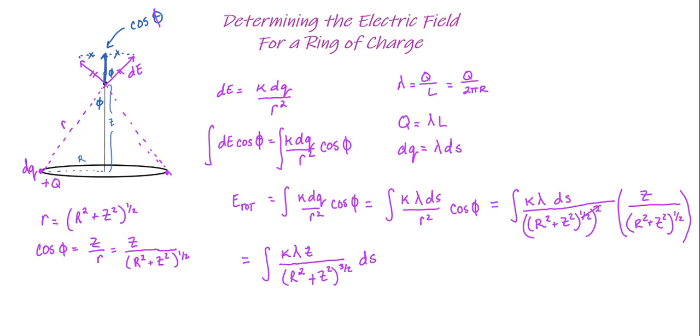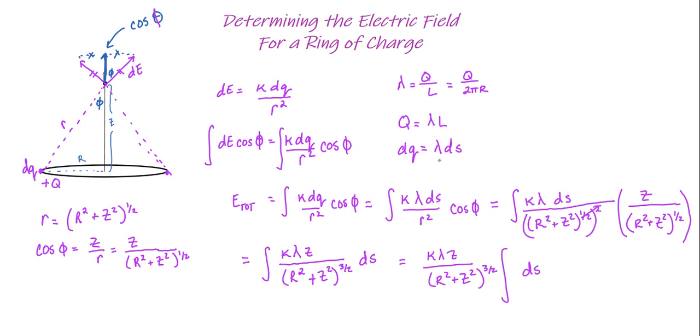Now, this looks complicated at first glance, but it's actually all constants here. K, lambda, z, r, and z are all constants. So I'm going to pull them out of the integral, and then see what I'm actually going to be integrating, which is very simple in this case, and that's just 1 with respect to the arc length.